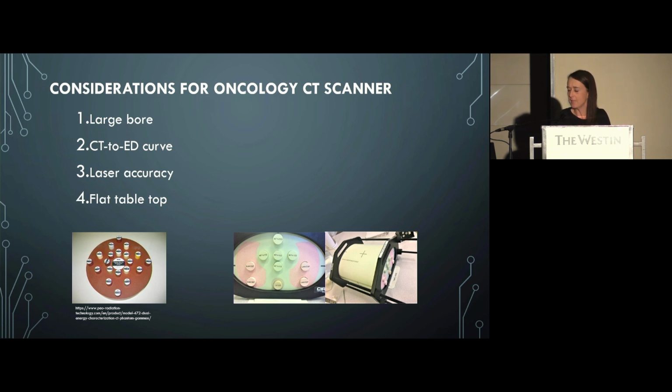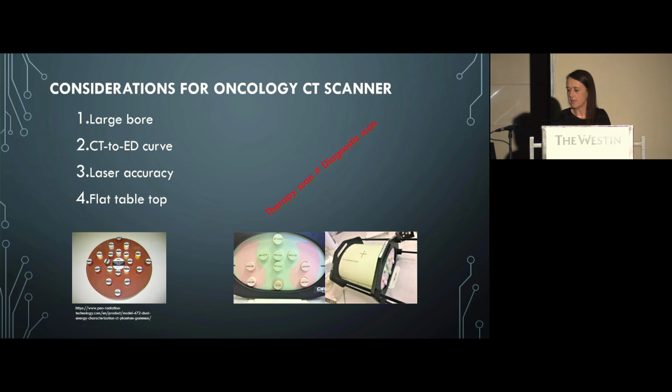So we also have to look at the CT to ED curve, the electron densities, which we use in the planning system to be able to calculate the dose and the monitor units needed. We need to ensure that the lasers are accurate, because that is what we ultimately use to set up the patient initially on the CT, and the flat tabletop or couch top, because that is the same that we will use on the treatment couch.